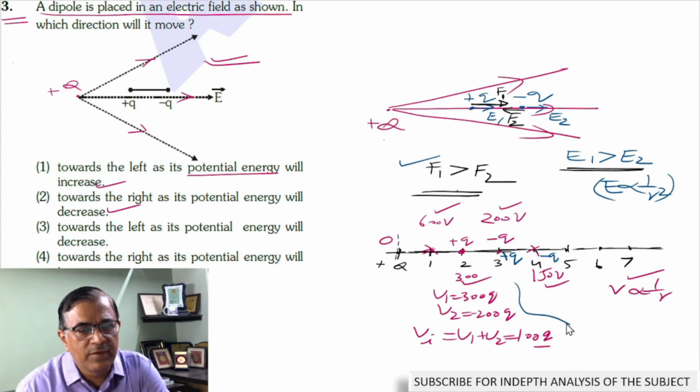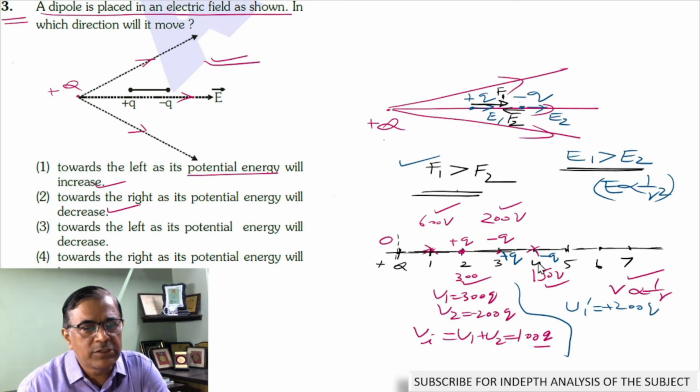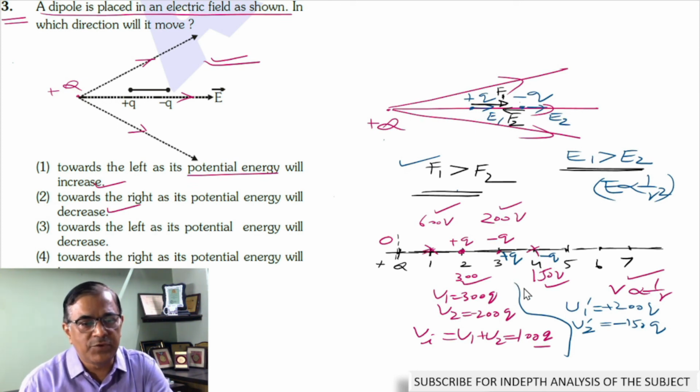Now in this case, the potential energy of plus Q charge will be U1 dash, equal to plus 200 Q, and the potential energy of minus Q charge will be U2 dash, and that should be equal to minus 150 Q. You see, minus Q charge is at a potential of 150 volts, and that is why the potential energy acquired by minus Q charge will be equal to minus 150 Q.